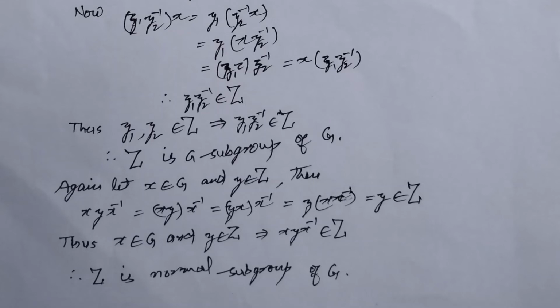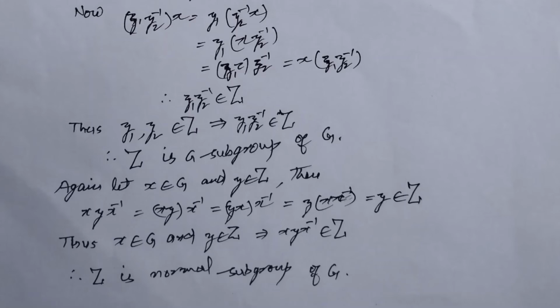Now, z1 z2 inverse x equals z1 z2 inverse x by associativity. This may be written as z1 x z2 inverse as x commutes with z2 inverse. This is equal to z1 x z2 inverse, which may be written as x into z1 z2 inverse.